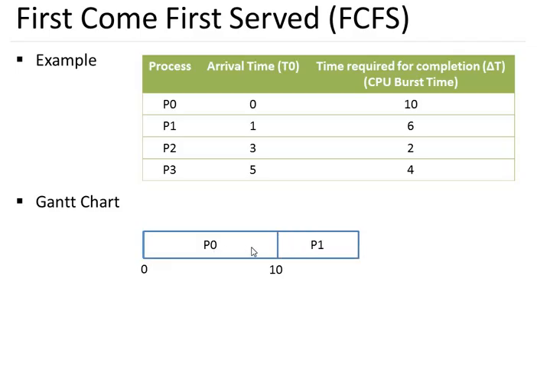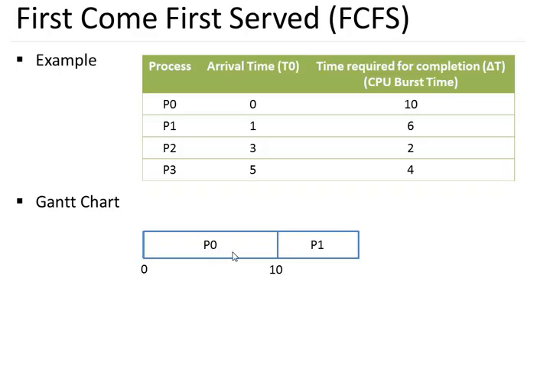Now after that, P1 comes. But there is one point that I want to mention. When this process P0 completes, is it true that all the processes have already arrived in the system? The answer is yes. Just look at this chart.